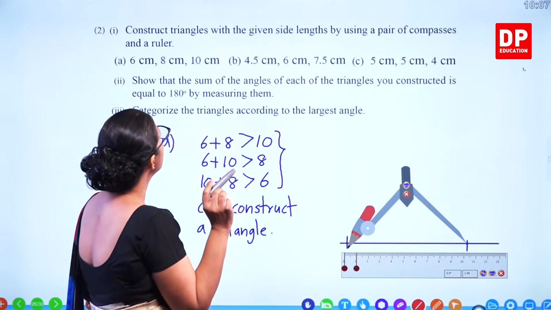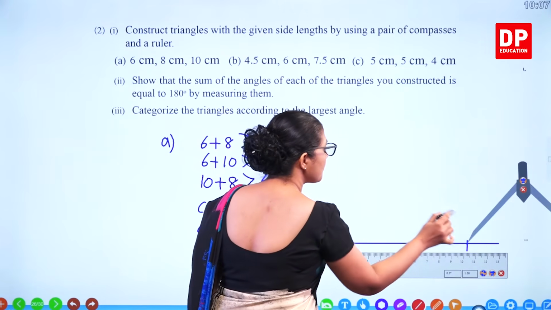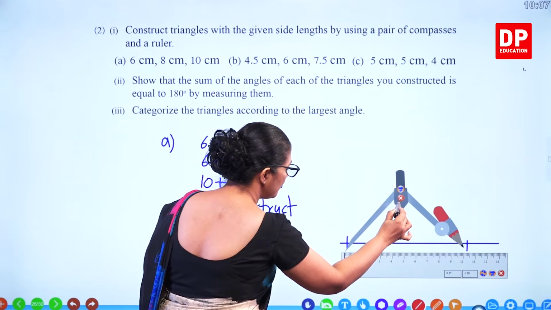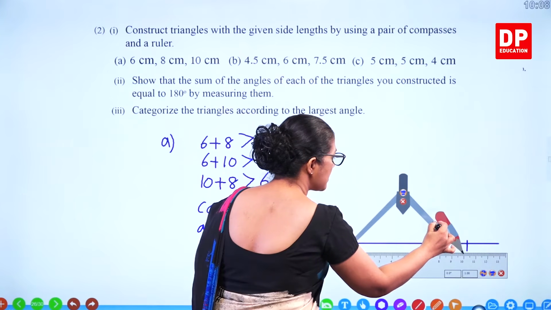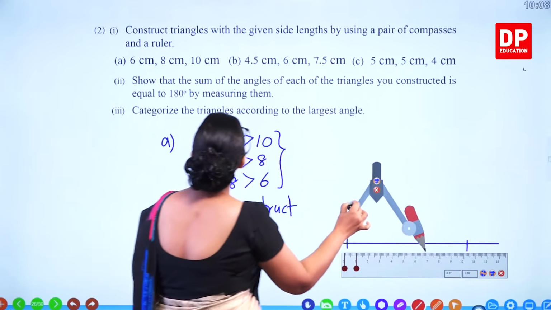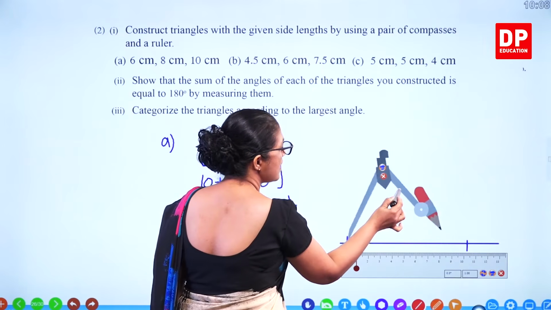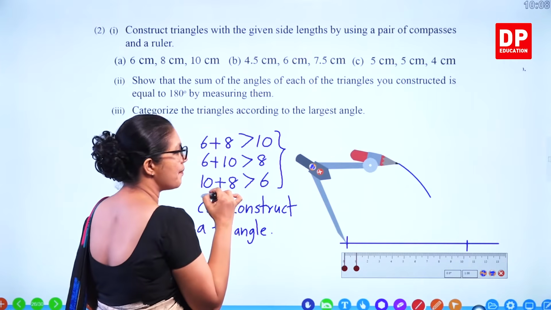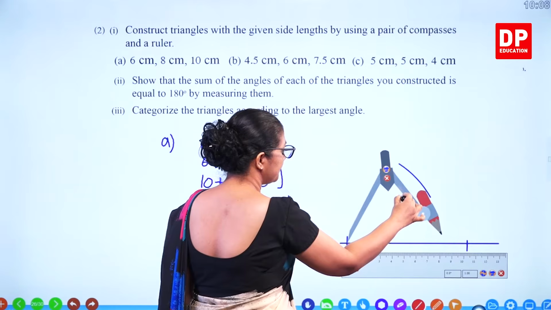What's the next length? 8 centimeters. Now take the compass and measure 8 centimeters now. From here, 8 centimeters. And you can mark the point to this side. So this is 8. So you can mark the arc somewhere there. Now we have to mark the 6 centimeter length.